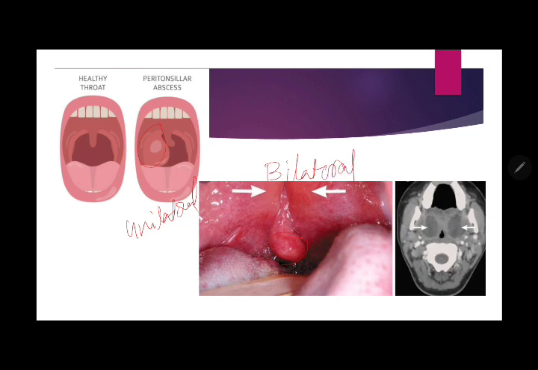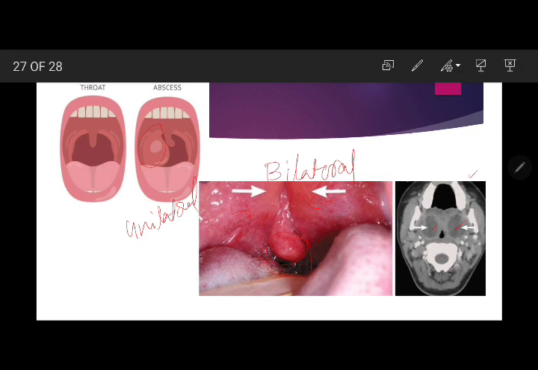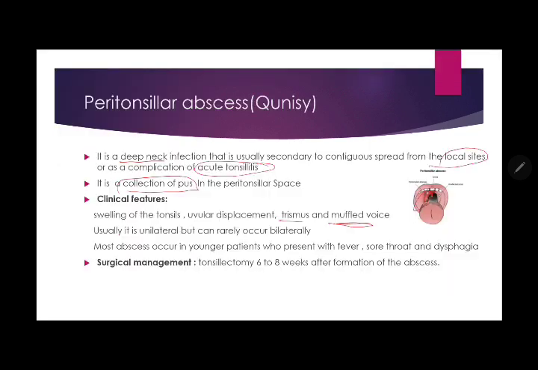See here in this picture there is a bilateral peritonsillar abscess, with a midline position of the uvula. This is a radiographic picture depicting the bilateral presentation of peritonsillar abscess. So usually this abscess is unilateral but can rarely occur bilaterally.